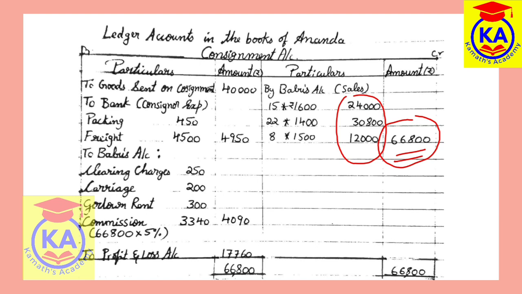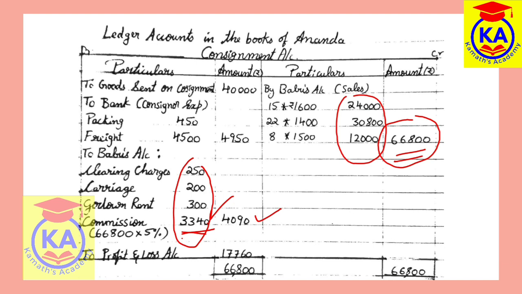You can write again as 'To Babu', or else you can include it with this itself. I have included it with this itself. The next question I will write separately and show. So that's not going to be any problem. Commission: 66,800 into 5%, that will give you 3,340. And if you add all these four values, you get 4,090.